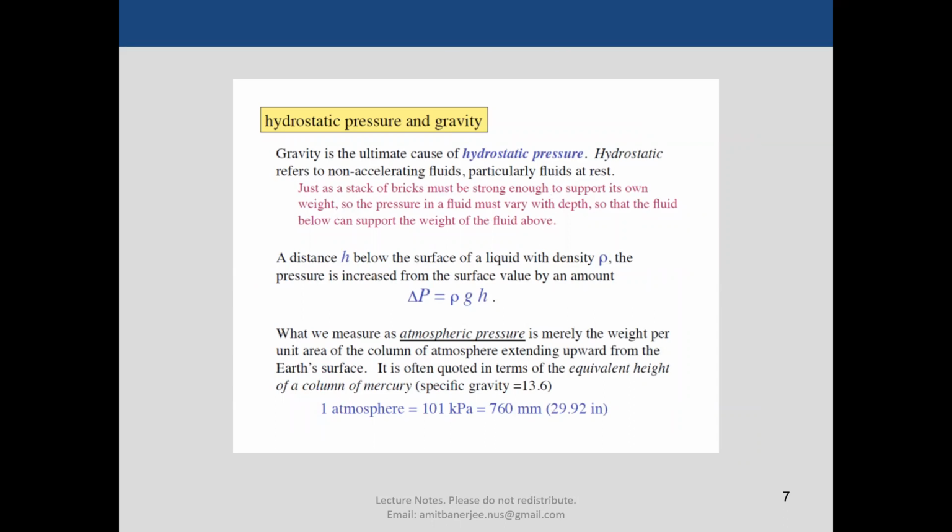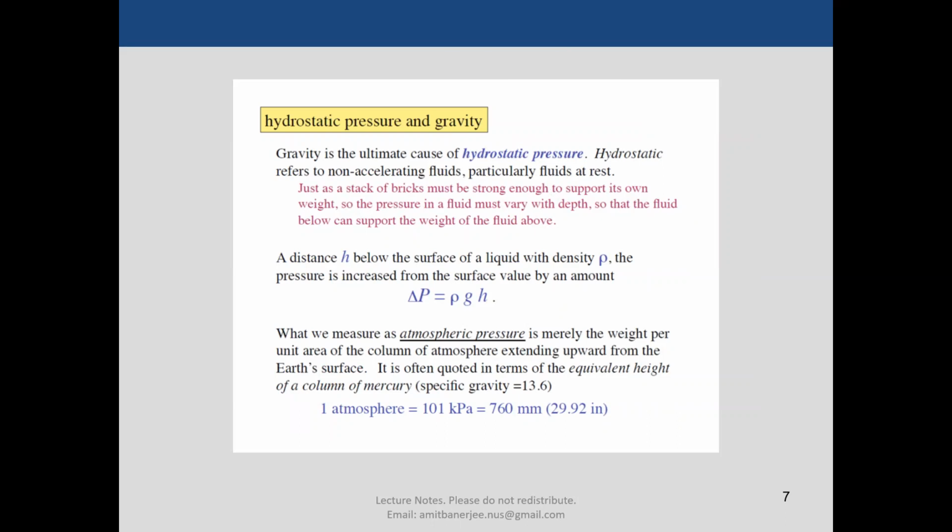Now, clearly the hydrostatic pressure and gravity, these kinds of equations you must have studied in your higher secondary courses. Largely gravity is the ultimate cause for hydrostatic pressure. Hydrostatic pressure refers to non-accelerating fluids, particularly fluids at rest.